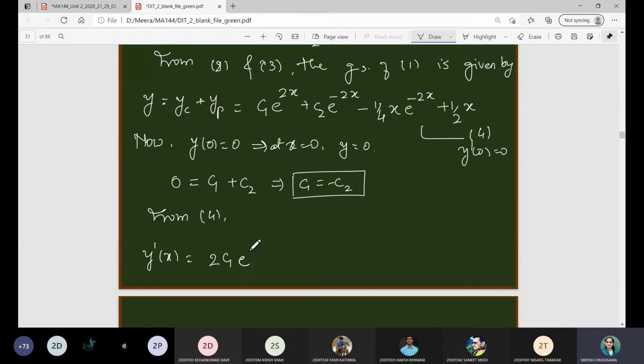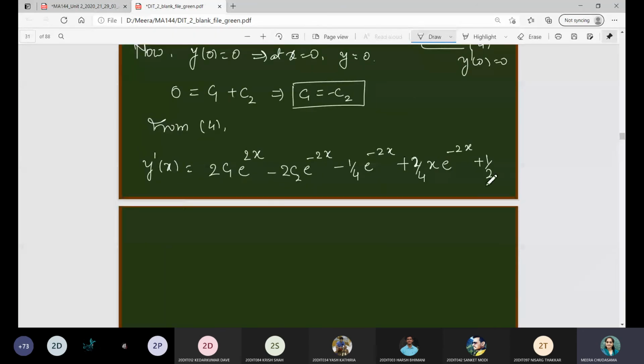It is 2 c1 e raised to 2x, plus minus sign will be there when we consider the derivative, so minus 2 c2 e raised to minus 2x, minus 1 by 4 derivative of x is 1 e raised to minus 2x, minus, while considering the derivative of e raised to minus 2x, this one will be positive sign, x as it is e raised to minus 2x. So that 2 has to be considered over here. Minus minus plus because of this minus 2 in the multiplication, and plus 1 by 2 into 1 will be the derivative. So let us simplify this.